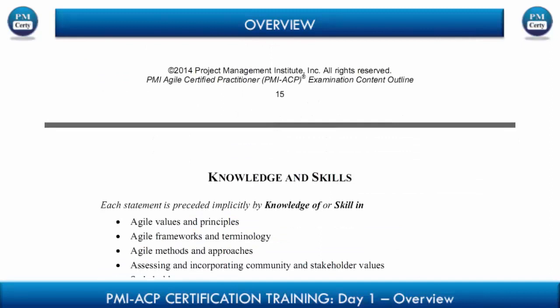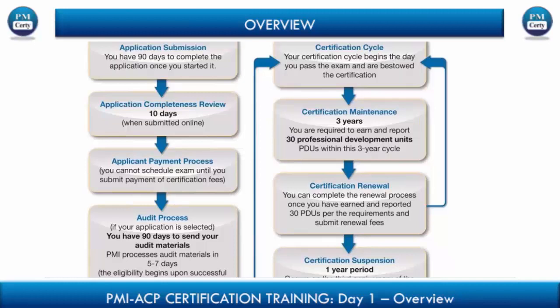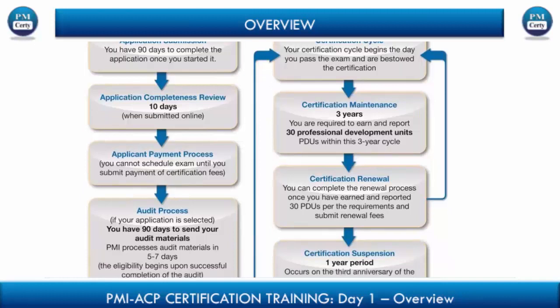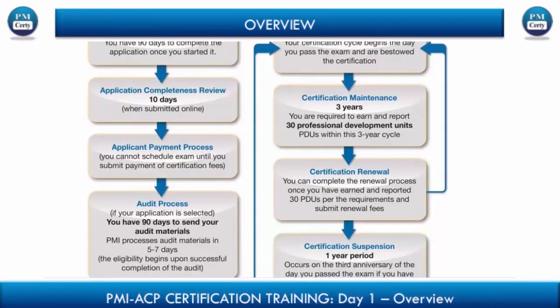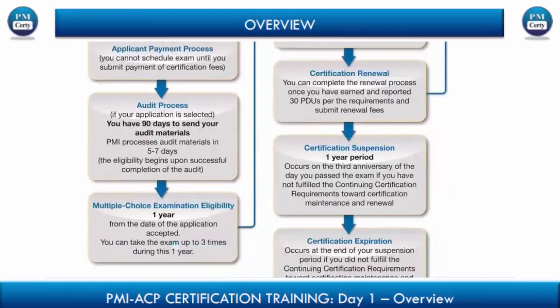They review it within 10 days, and then you also have to pay for the exam to schedule it. In case there is an audit, they will let you know, and you'll have 90 days to send it. They will process most of the documents in 5 to 7 days and come back to you saying you're now eligible.